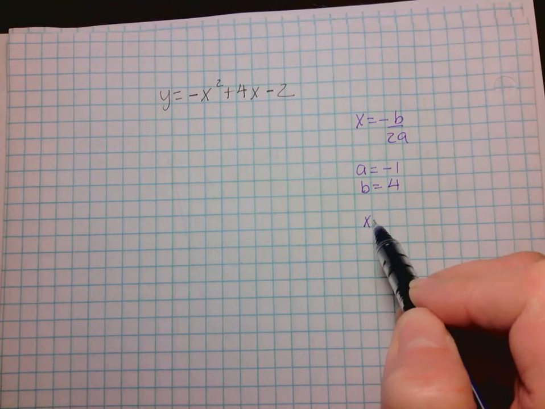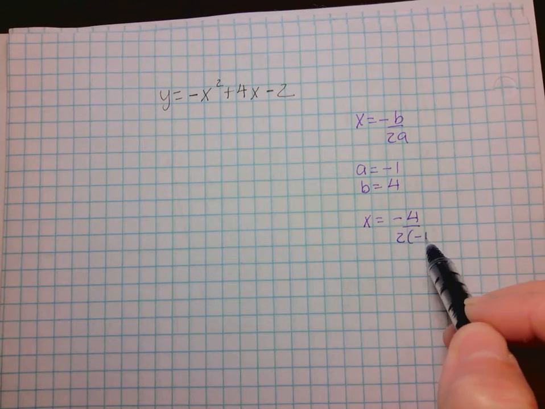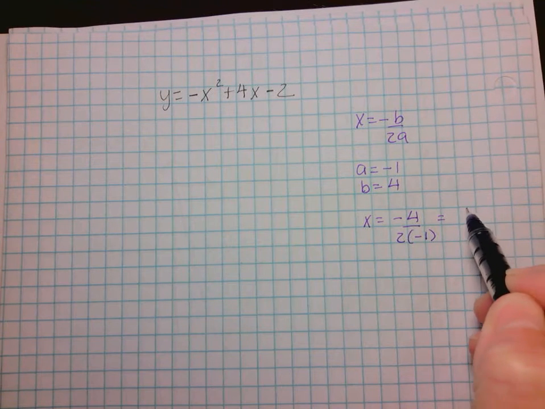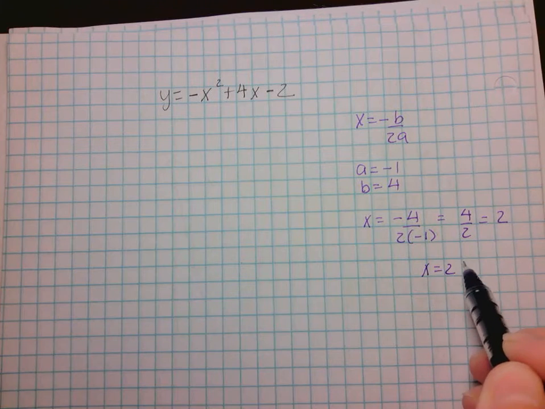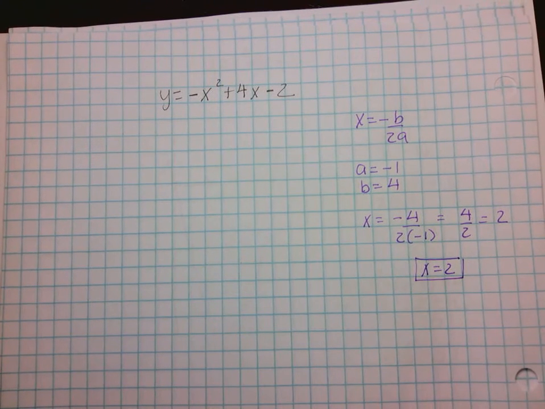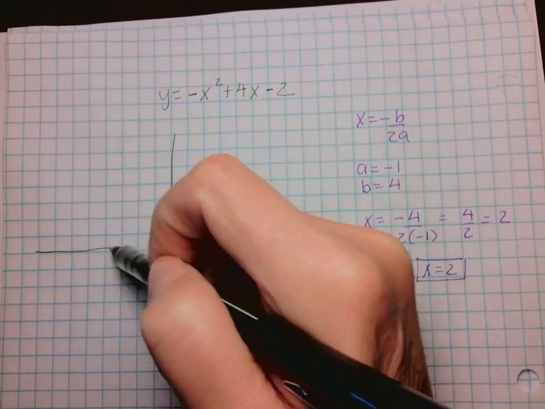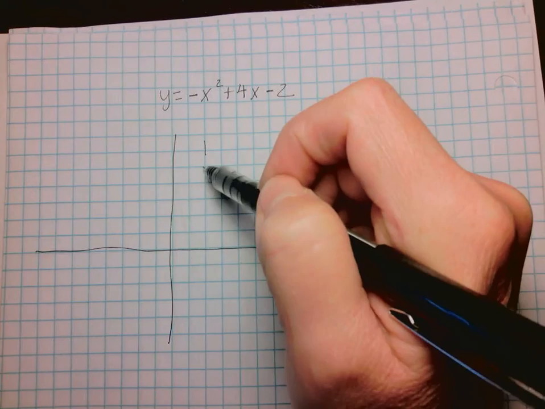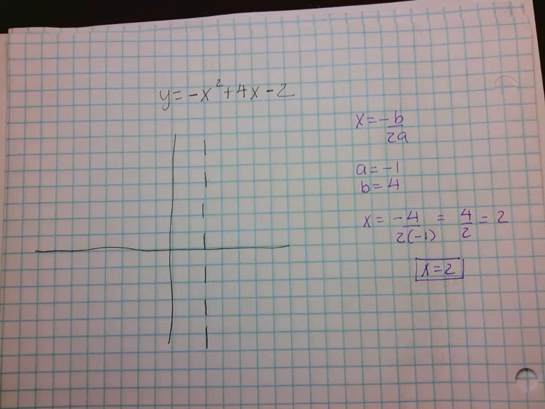So x equals negative b over 2a. So my axis of symmetry is at x equals 2. So let me go ahead and create my axis of symmetry there.